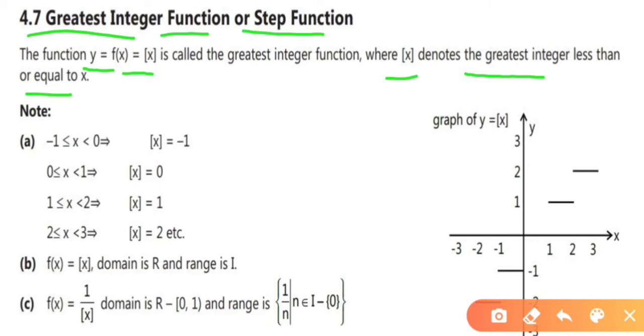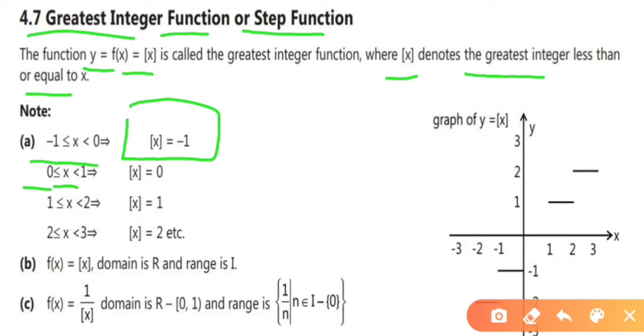See, a note has been given here. In the first line, x is greater than or equal to minus 1 and x is less than 0. Symbolically, we can write this in greatest integer form: [x] is less than or equal to minus 1. Again, x is greater than or equal to 0 and x is less than 1.